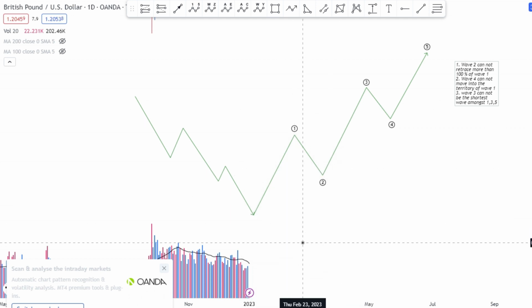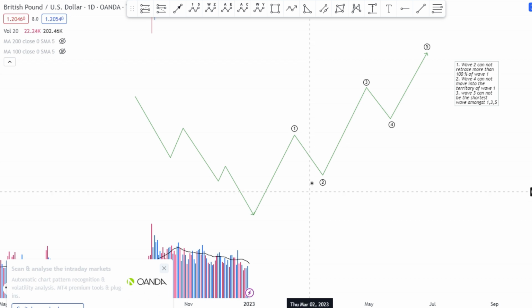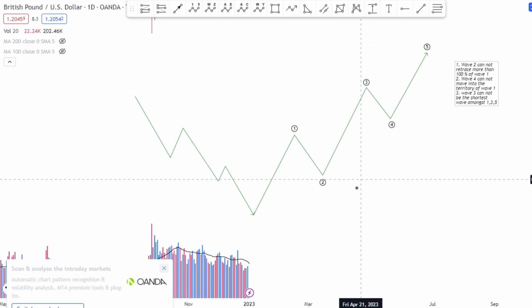And then we have wave 3. This wave offers the largest potential for profit because it is the longest wave. It cannot be the shortest, and it always is the longest wave.